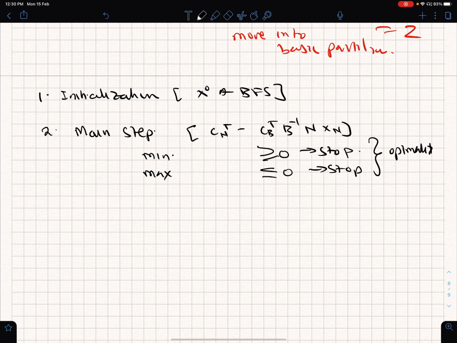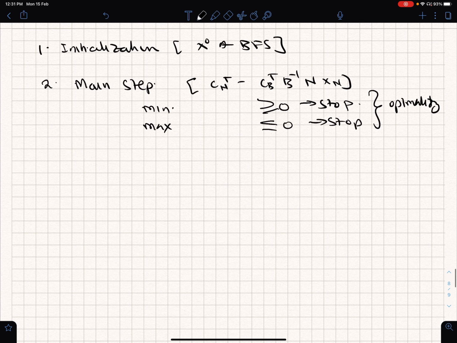So the main step will be first to calculate the reduced cost, then see if you are at optimal. If you are not at the optimal, then it means you can do something to improve your objective function.